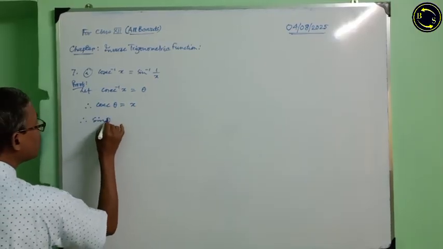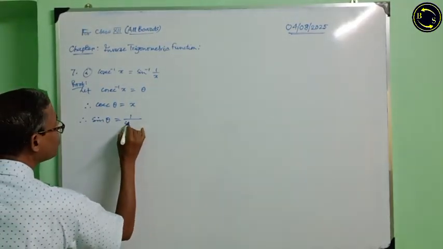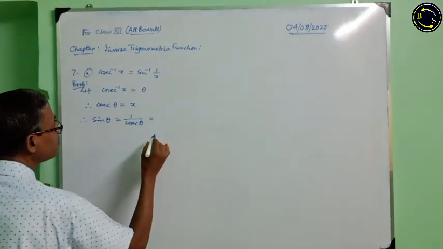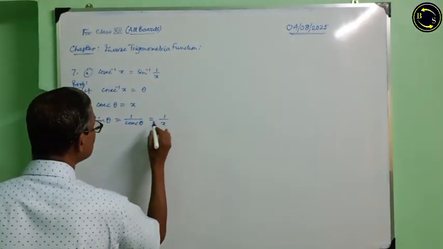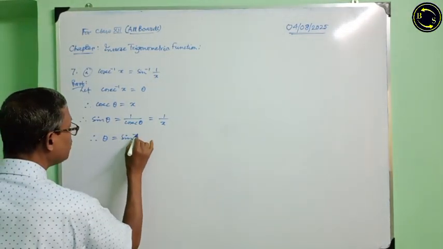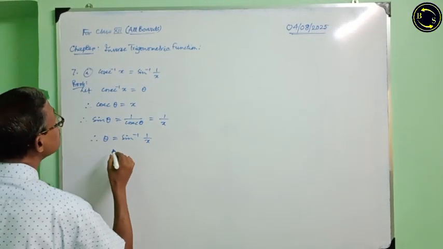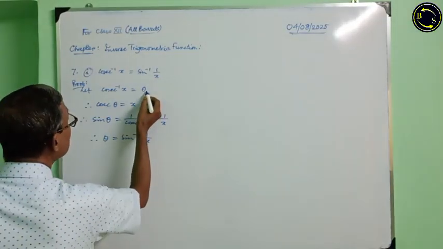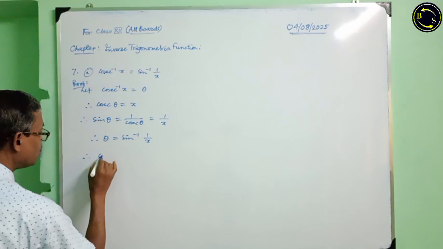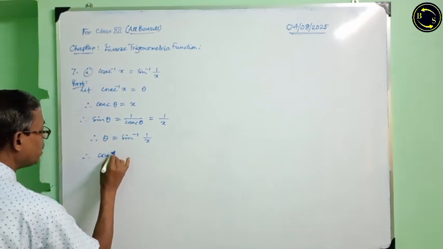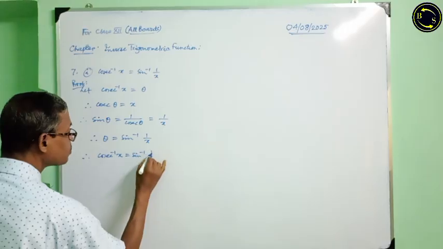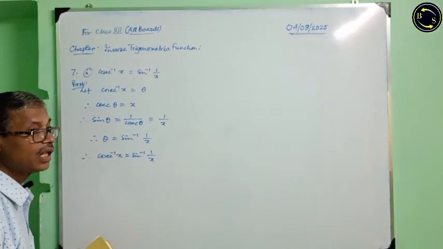Therefore, sine theta equal to 1 by cosec theta, that is 1 by x. Therefore, theta equal to sine inverse 1 by x, and already I have taken cosec inverse x equal to theta. Therefore, cosec inverse x equal to sine inverse 1 by x.